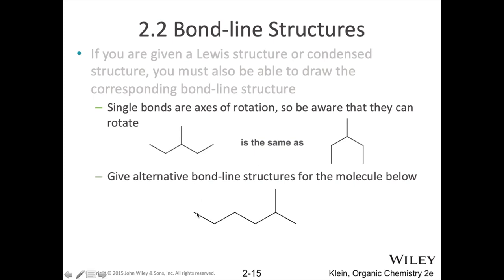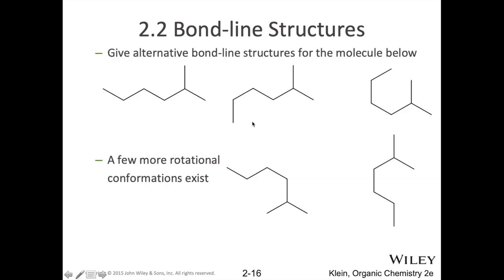Okay, so if you want to play around with bond rotations and think about how many ways you could draw this molecule, on the next slide are just a bunch of different ways we could rotate. We can rotate those bonds to get different shapes. For example, if I rotate this bond 180 degrees, this flips down here, so that's why we get this molecule looking like that.